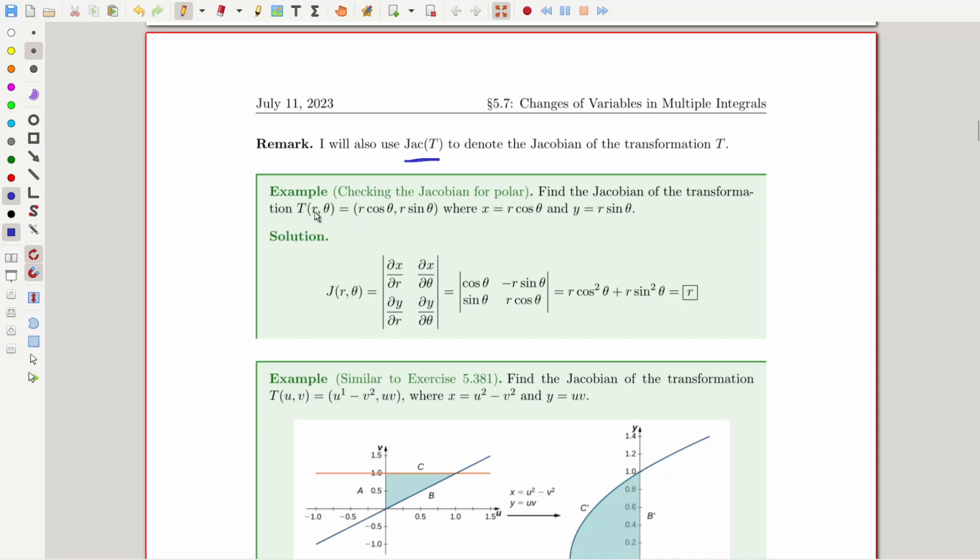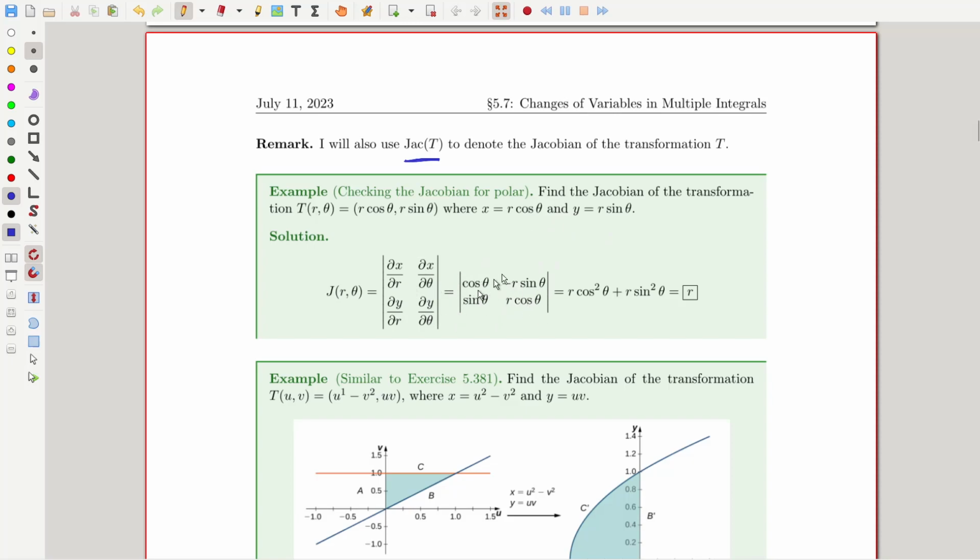So under this transformation, going from the r theta plane to the xy plane, we would then have to compute the Jacobian of this transformation, which when you expand that out, I'm using this convention: partials of x here, partials of y there. When you compute out the partials, you can check this for yourself, you'll get this for each of these entries.